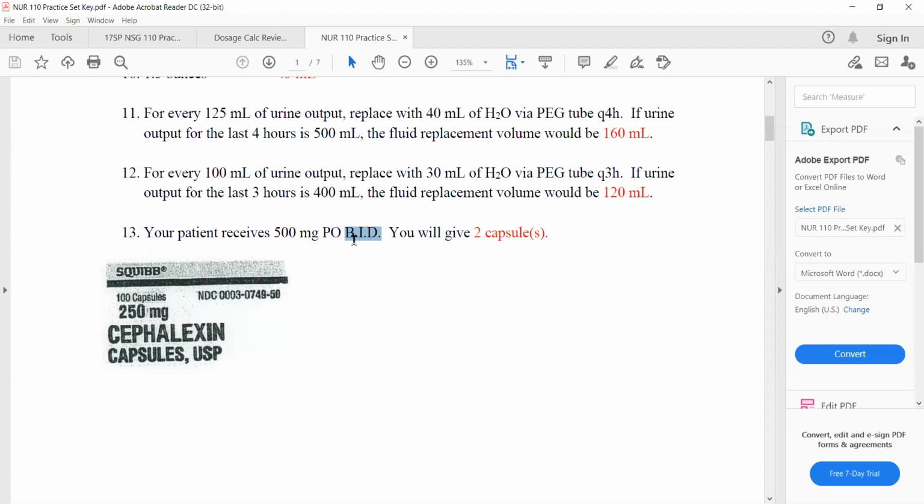So BID is twice a day. QD is every day. TID is 3 times a day. Then there's QID, which would be 4 times a day. And then the other way you would see how often to deliver a dose might be like Q12H, Q8H, Q6H, and that just tells you how many hours in between to give that.